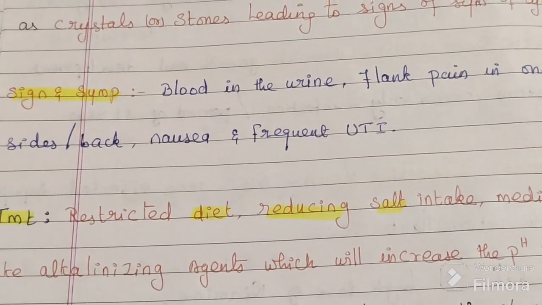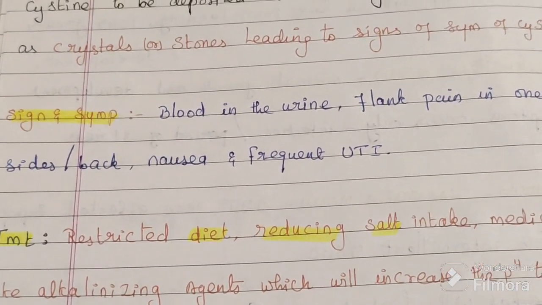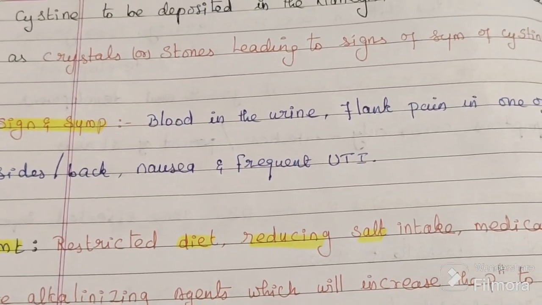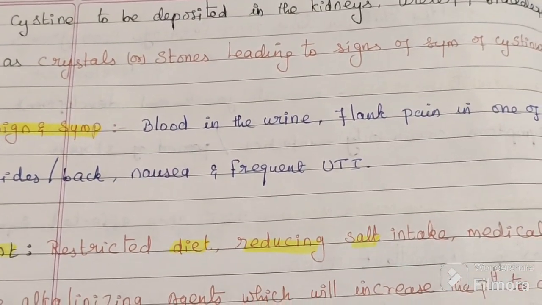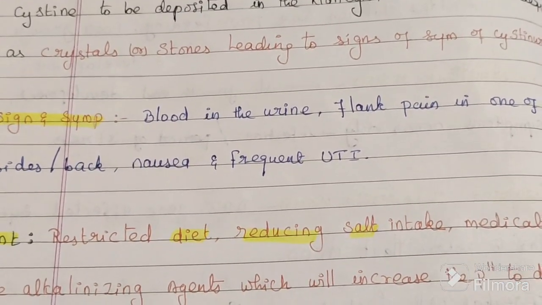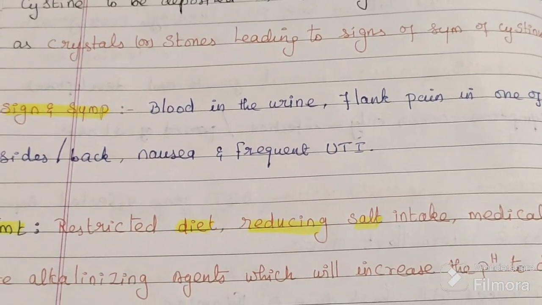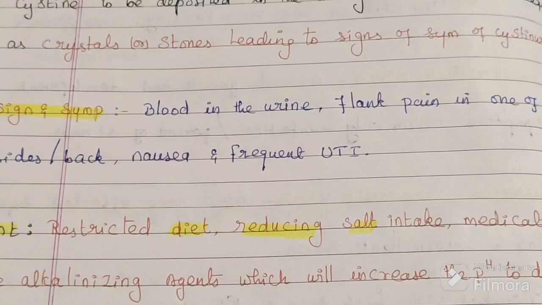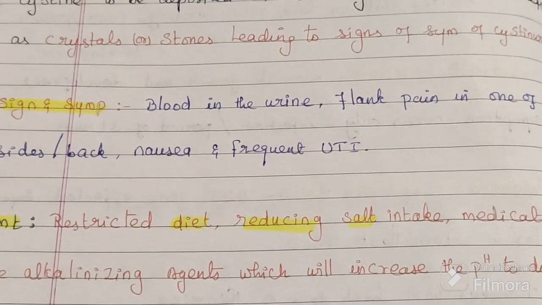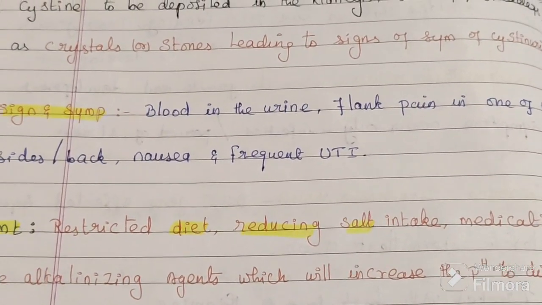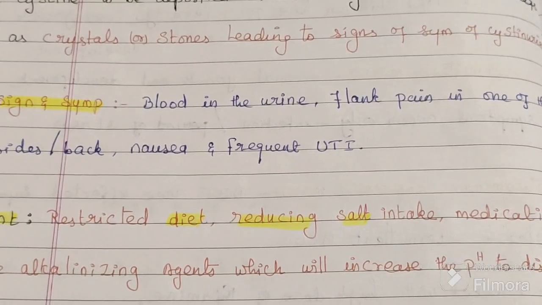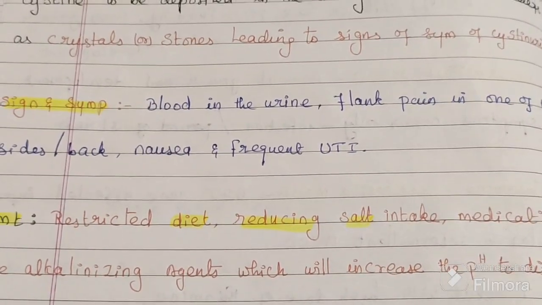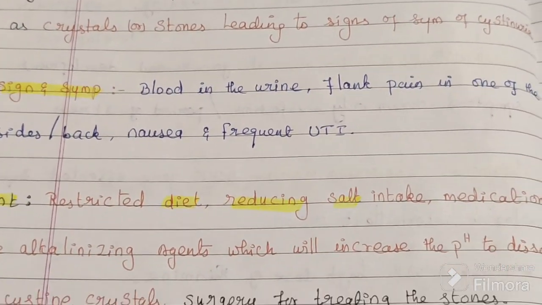Treatment includes a restricted diet, reducing salt intake, medication like an alkalizing agent which will increase the pH to dissolve the cystine crystals, pain medication to control the pain while the stone passes through the bladder and out of the body, and surgery for treating the stone.